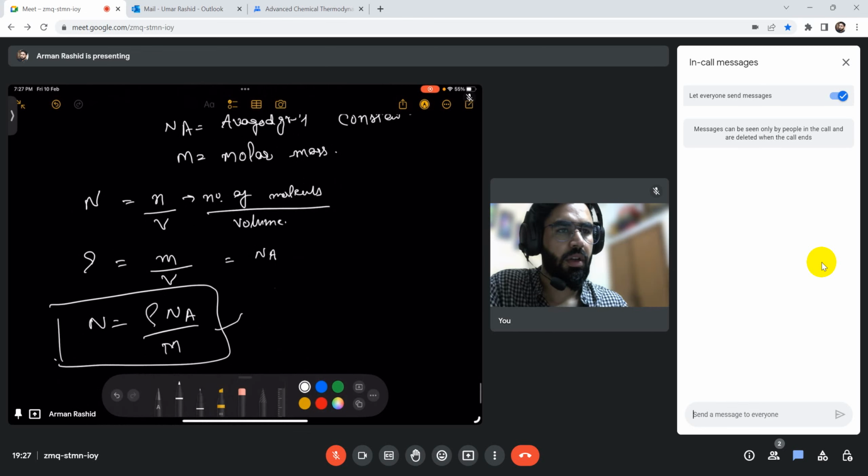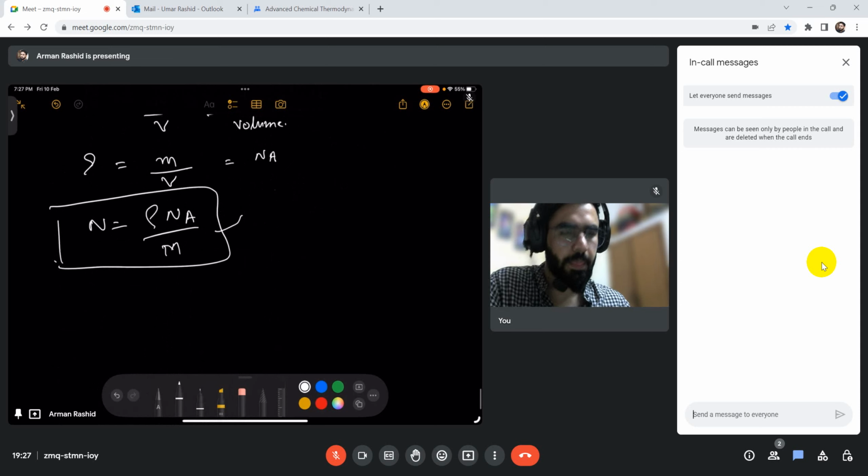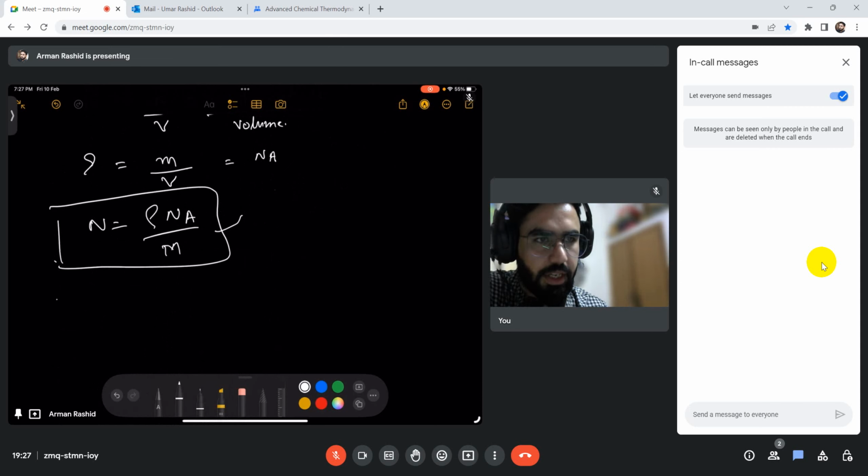Let us determine this quantity, that means rho Na alpha divided by 3 M epsilon naught.